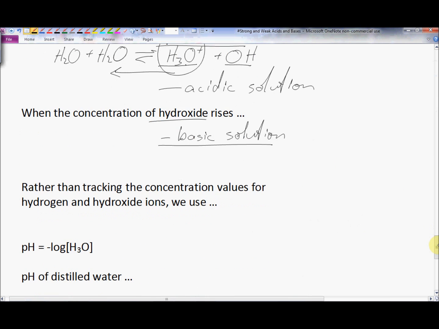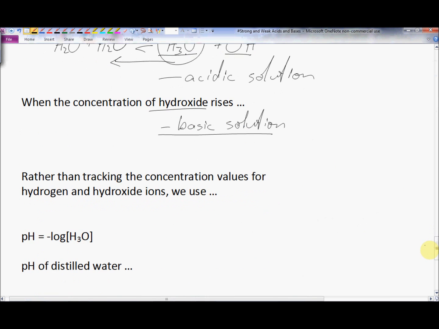So a long time ago, scientists started to refer to the concentration of hydronium ions by taking the negative log of hydronium, and we refer to that now as pH. And that's how the pH scale is defined.